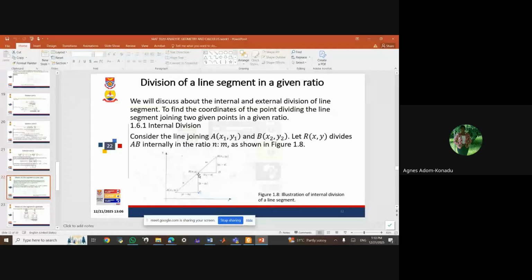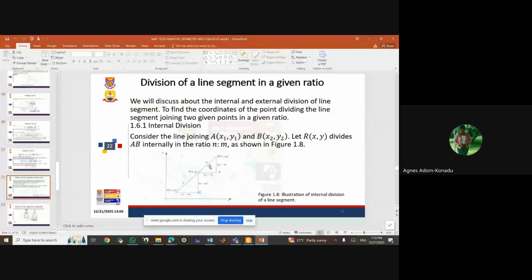Okay. So as I was saying, now I want to look at how to divide a line joining two points A and B, how to look at the internal division of this line in a given ratio, and the ratio is n:m.